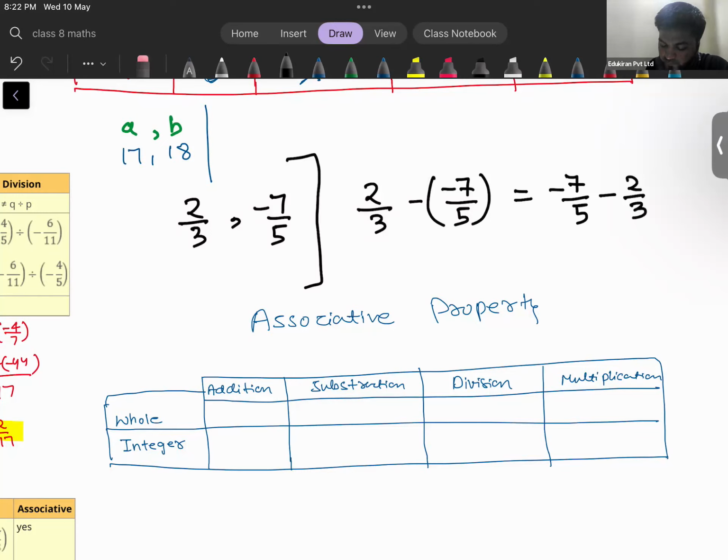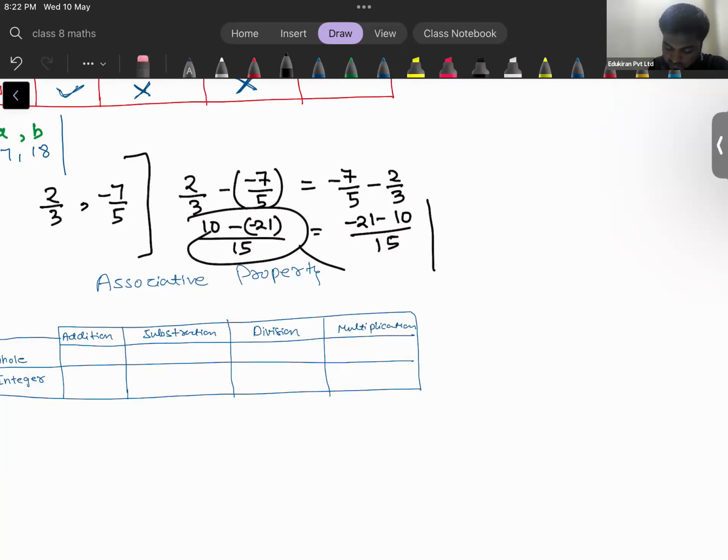Now, are the values going to be the same on both the sides, or different? Let's check. The LCM of 3 and 5 is 15, and on the numerator it will be 10 and 21.